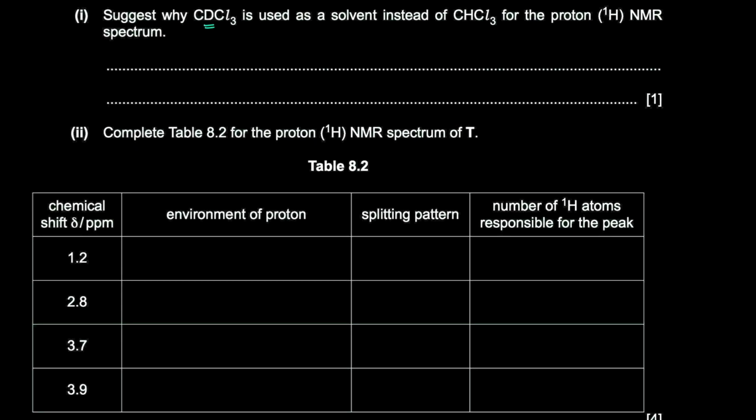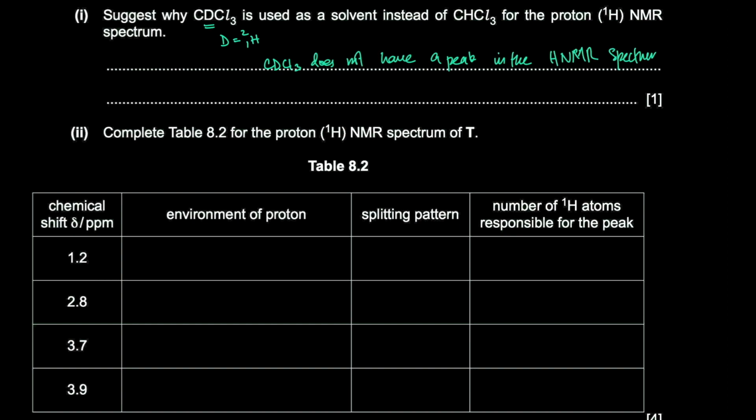Well, because it has the deuterium, which is hydrogen 2. And remember, any isotope with an even number of nucleons does not show up in the NMR spectrum. So CDCl3 does not have a peak in the proton NMR spectrum.